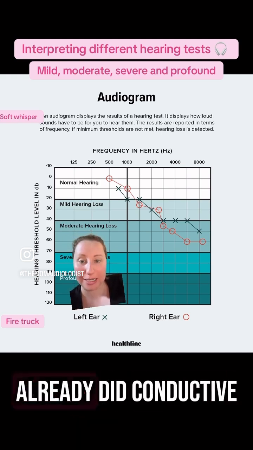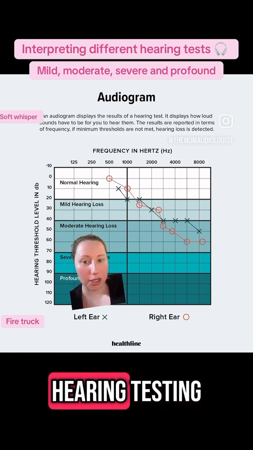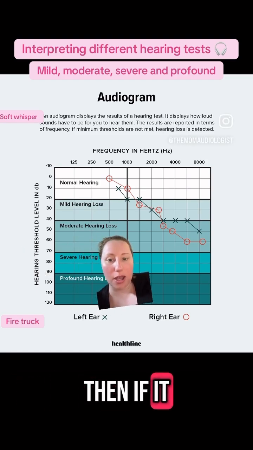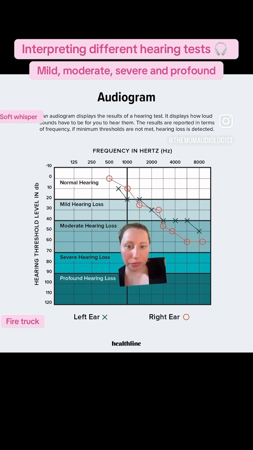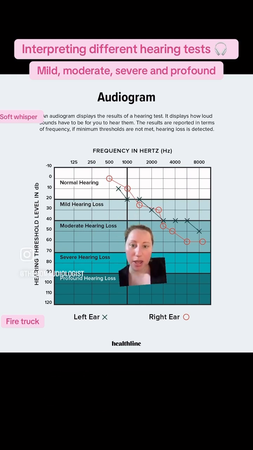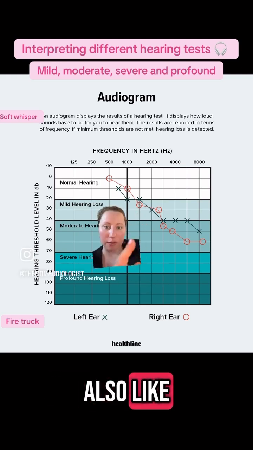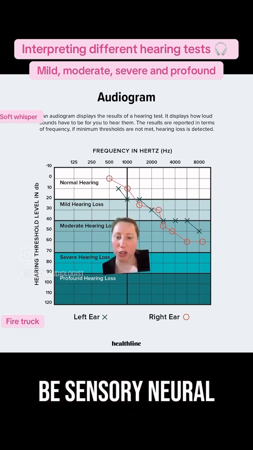But if they had done bone conduction testing, and it was in the normal section, it would be conductive. If it was lining up with the left and the right ear, then it would be sensory neural.